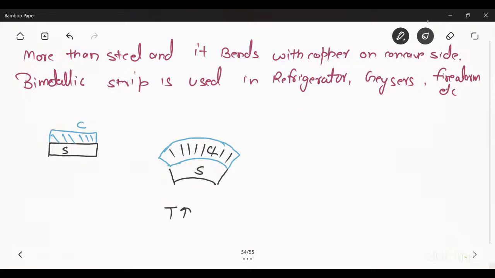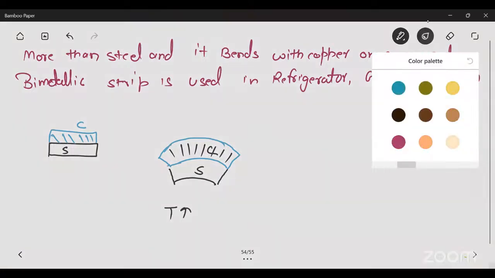When we decrease the temperature, what happens? Copper contracts more than steel.